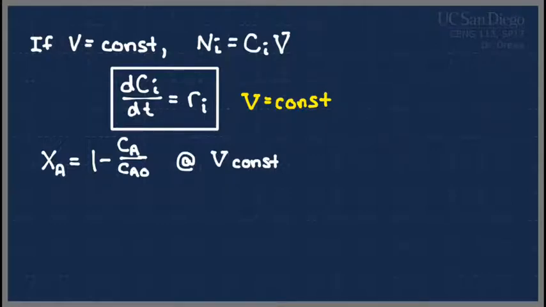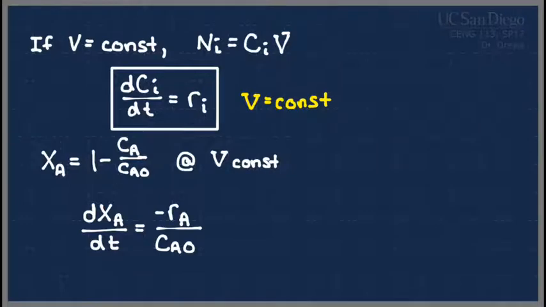Then instead of writing dCi for any species I, although that does hold for any species I, you can write that expression specifically for dC A. And if you do that, it simplifies a little bit to dX A dt is equal to minus R A divided by C A naught.